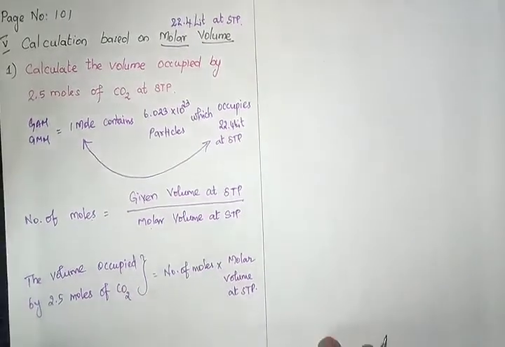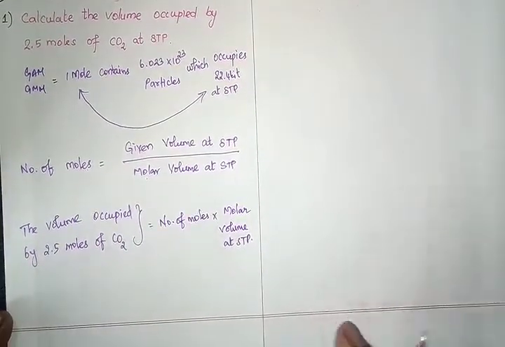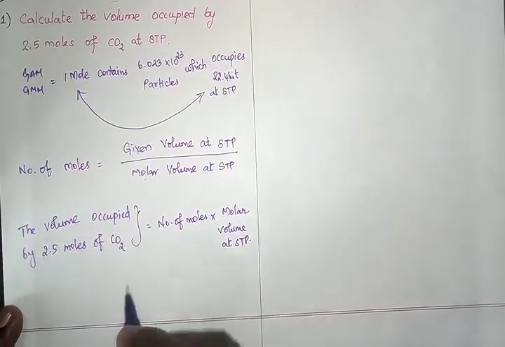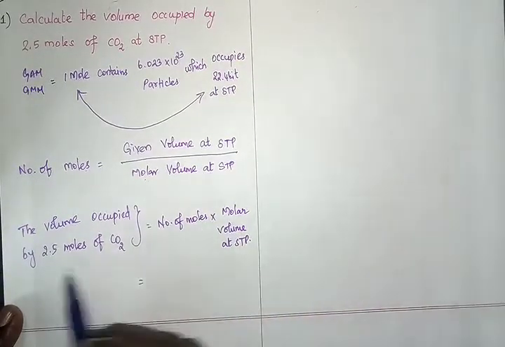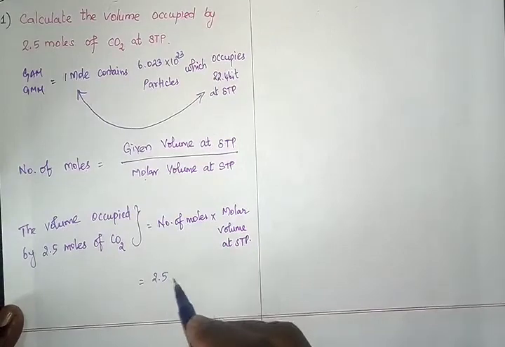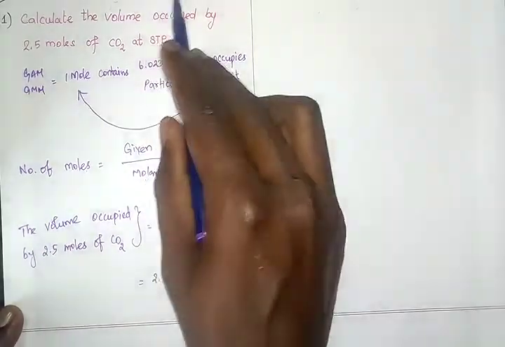Now we have to substitute all the values. Very simple. So what is the number of moles? 2.5. So 2.5 into molar volume at STP is 22.4 liters.